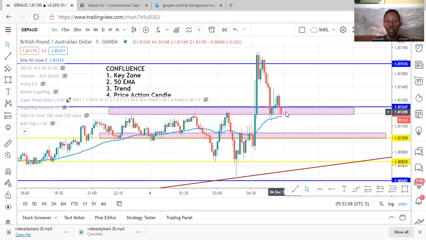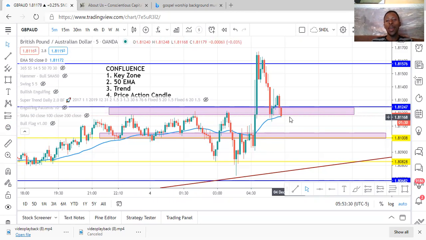So if you look at the previous prices here, the prices have really respected this trend, this zone. Price action has really respected these zones. As you can see, multiple rejections by the zone.